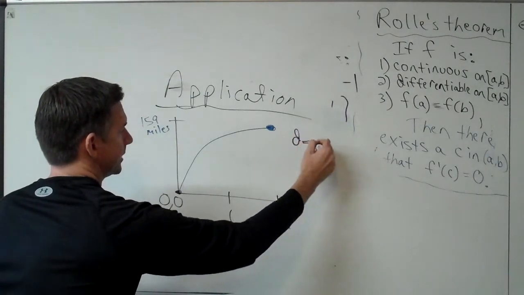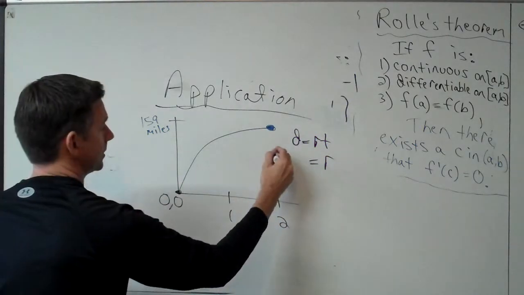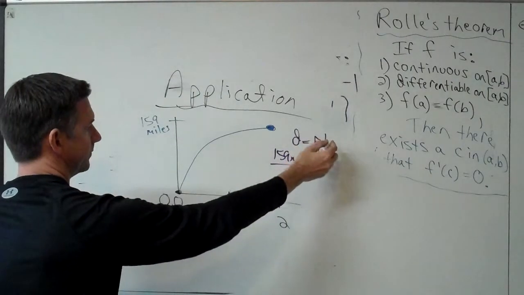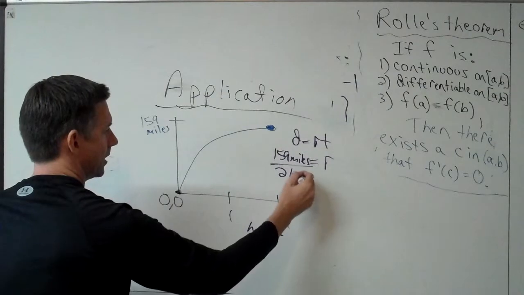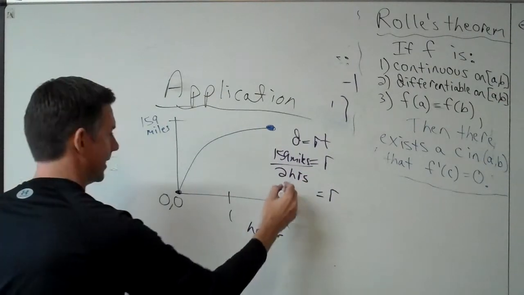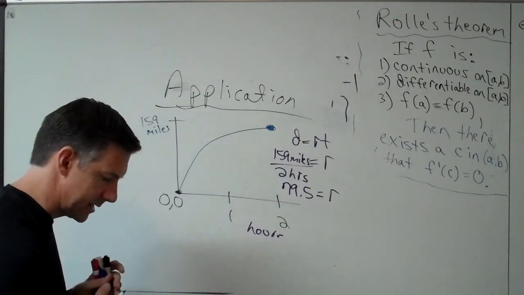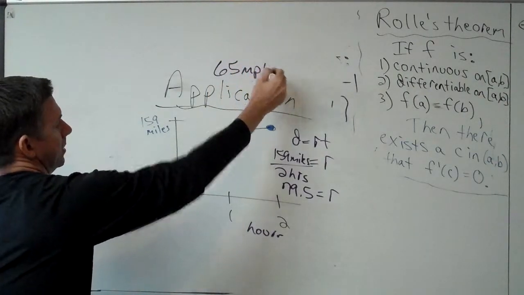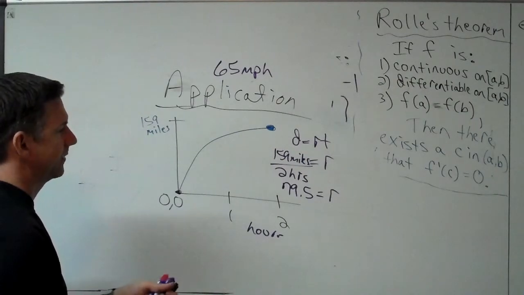So d equals rt, so if they wanted to figure out his rate, they would just take his distance, which is 159 miles, and divide it by the time, which would be 2 hours, and that means that his average speed was 79.5. Well, the speed limit, let's say, is only 65 miles per hour. So they know he was speeding, because his average speed was 79.5.